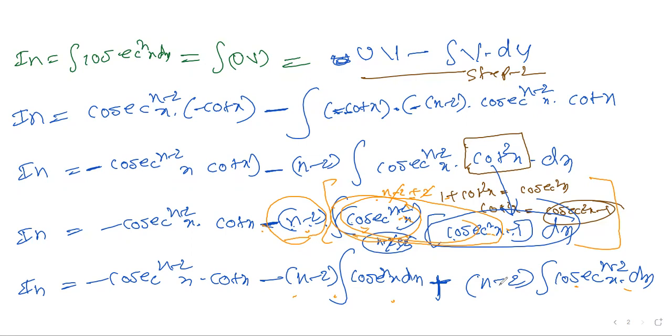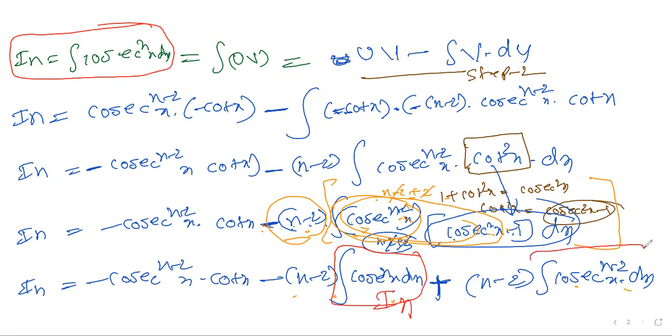Here I'm trying to rewrite it in one go. In the next step I write directly: because In is equal to the integration of cosecant power n x dx, automatically the integration of cosecant power n minus 2 x dx, can I write it as In minus 2? Definitely. Similarly, in the next step I will copy the answer.